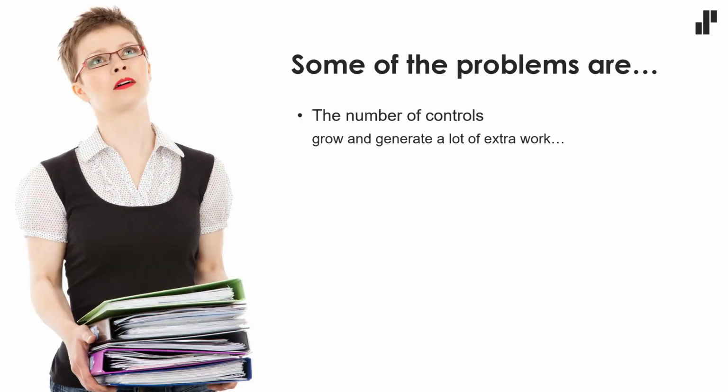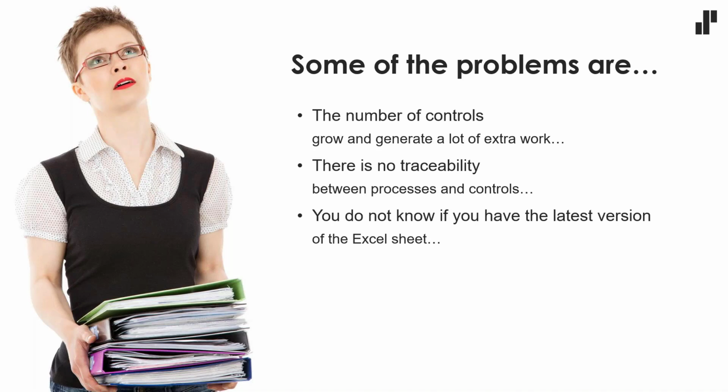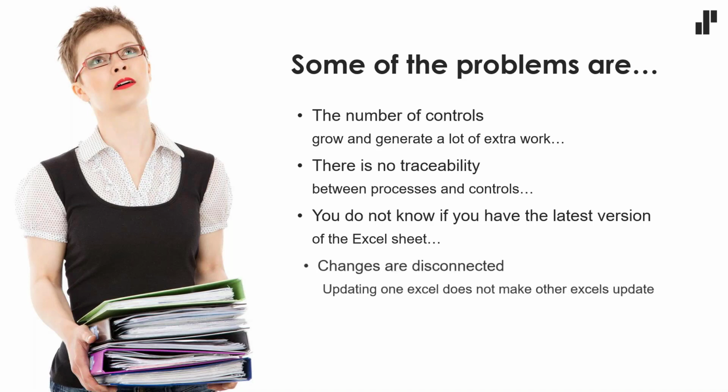If you look into some of the problems, there's a lot of them. The number of controls grows and generates a lot of extra work. There's not much traceability in Excel between processes and controls. You don't really know if you have the latest version of the Excel sheet, and changes are disconnected.